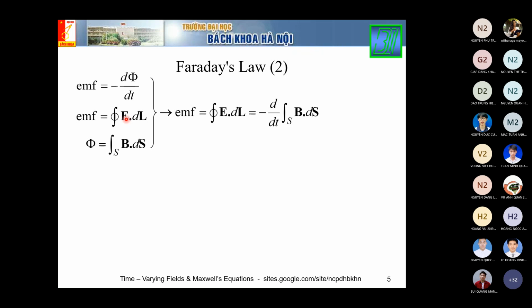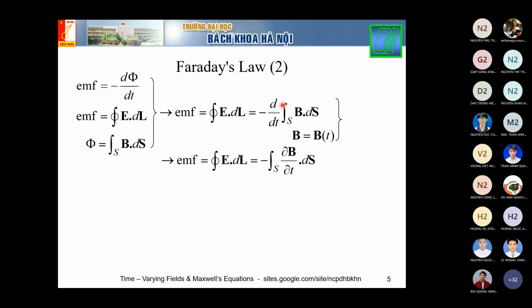I change phi here into the area integration of B dot ds. And because we are talking about time varying fields, B here must be a time varying function. Okay.